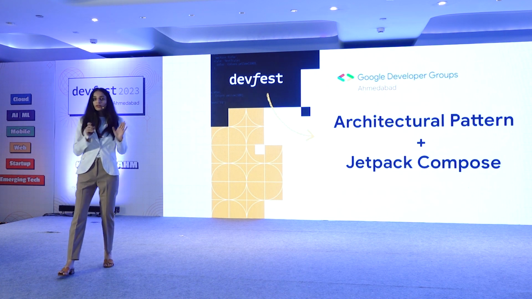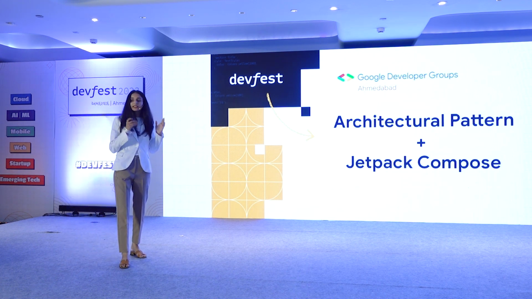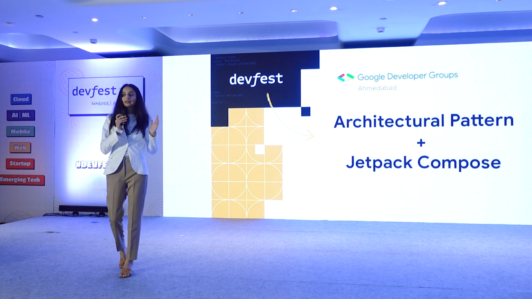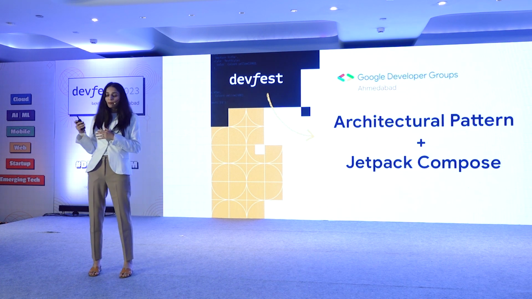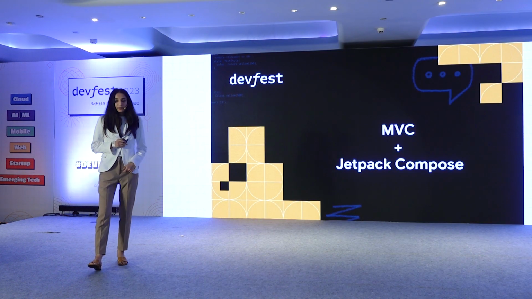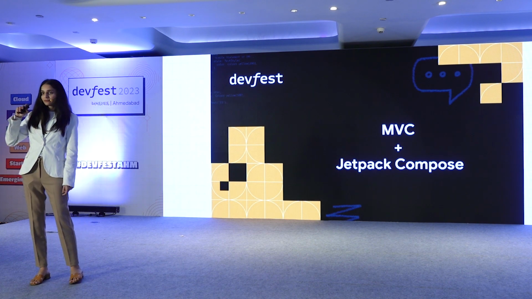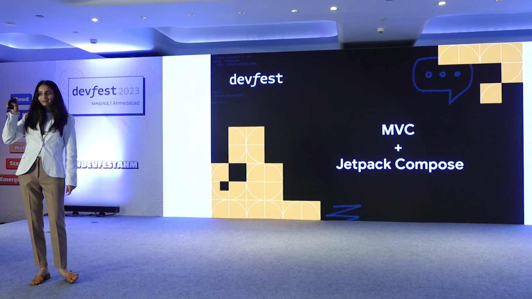This was all about different architecture patterns. Now let's combine. Let's see which architecture pattern will fit best with Compose. MVC and Jetpack Compose. How many of you think that this works? No one? Why?